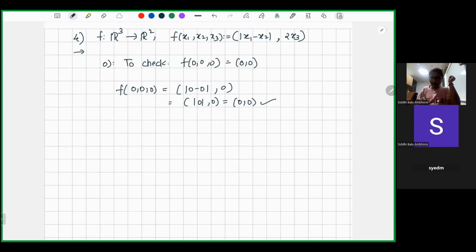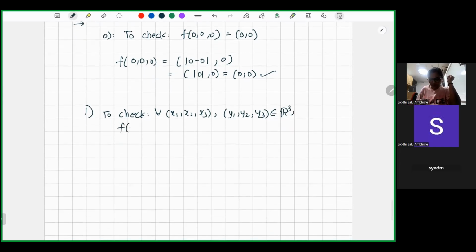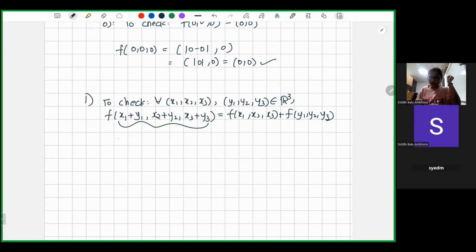So now we check the first condition, that is to check for all x1, x2, x3 and y1, y2, y3 in R3 whether f of x1 plus y1, x2 plus y2, x3 plus y3, and this is just the addition of these.